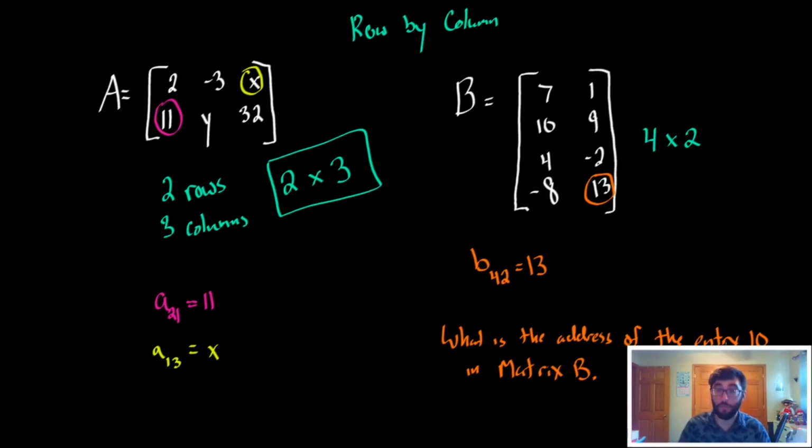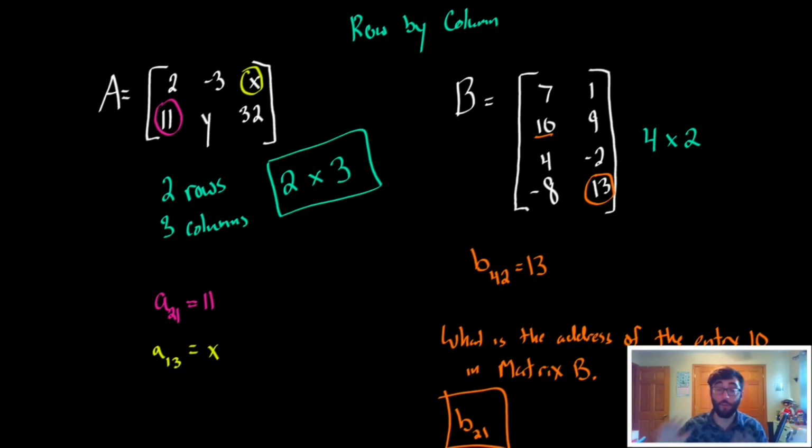My apologies, I didn't realize that I was writing where you can't really see. But we want to know what the address of entry 10 in matrix B is. Well, that is located right here. So that would be lowercase b, in row 2 and column 1. So that would be it.